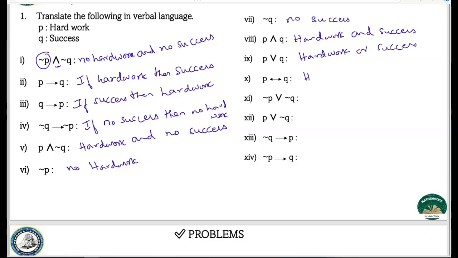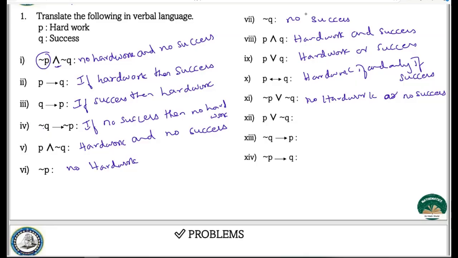P implies Q: hard work if and only if success. Negation P or negation Q: no hard work or no success.